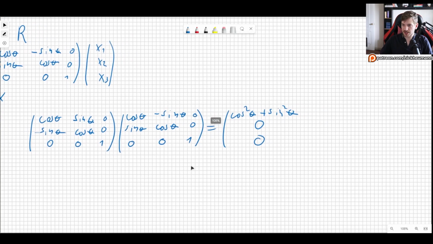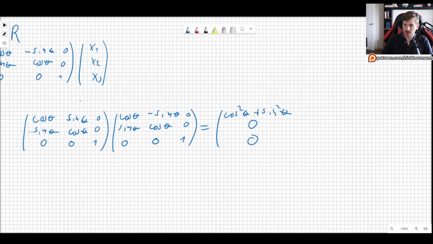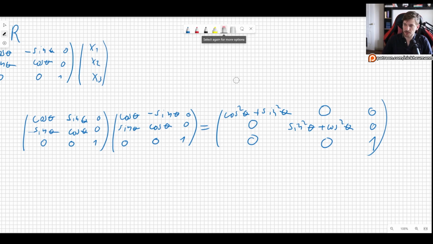Then we move on to the next row, and there we get cosine theta times minus sine, plus sine times cosine, so also 0. And in the next element, we have minus sine times minus sine, so sine squared plus cosine squared. And 0, 0, 0, 1. And of course, cosine squared plus sine squared is 1, so we end up getting the identity matrix exactly like we wanted.